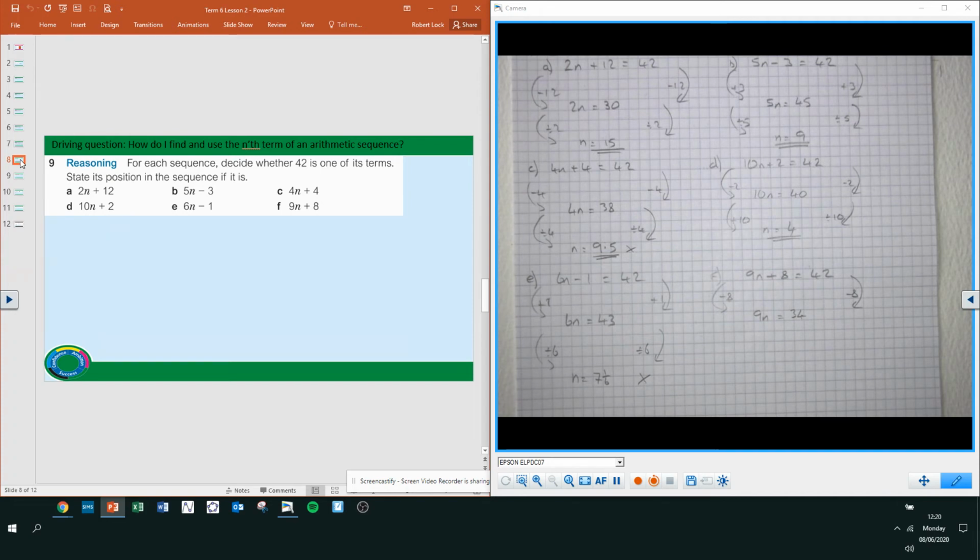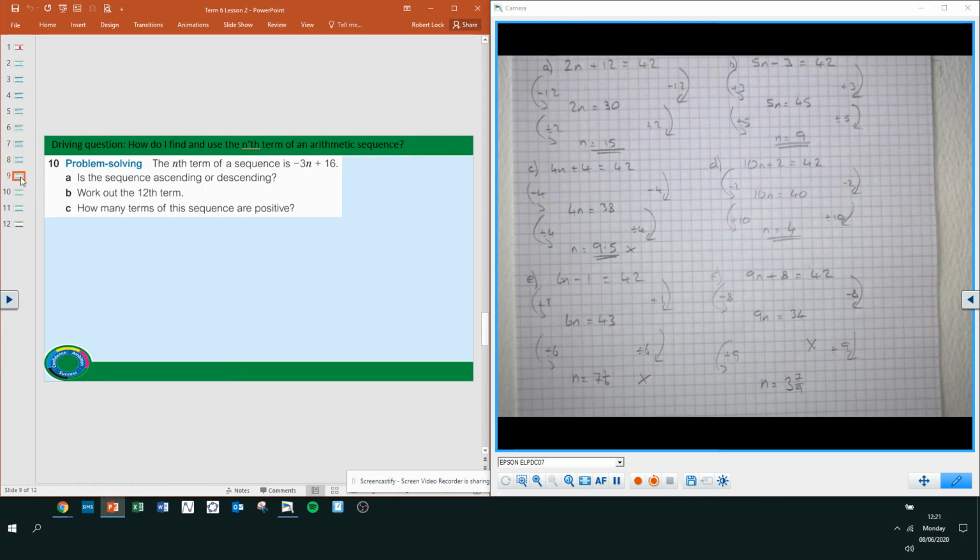It doesn't go. Dividing by 9 on both sides, n equals 3 and 7/9. So F is incorrect. So A, B, D are correct. The ones it will not go into are C, E, and F.